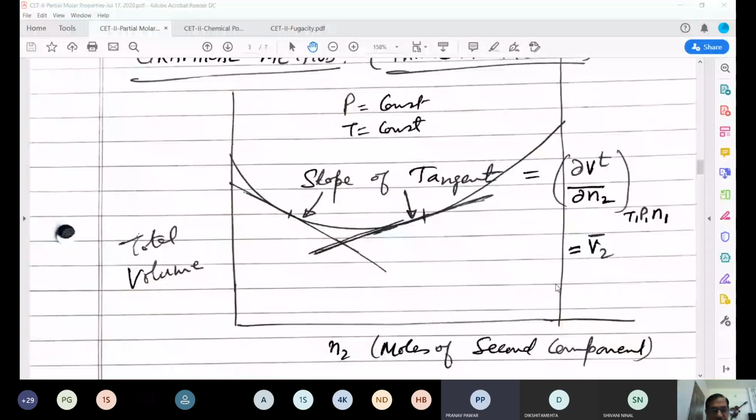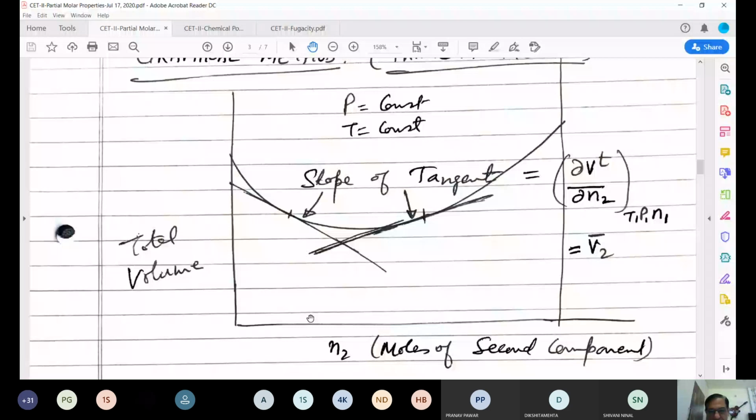Okay, so if you have to find the partial molar volume, make a mixture of component 1 and component 2 at different compositions by changing number of moles of N1 and N2. So you get different compositions, and plot total volume of the solution versus number of moles of second component. So you get some curve. Here it is shown like this, sloping downward.